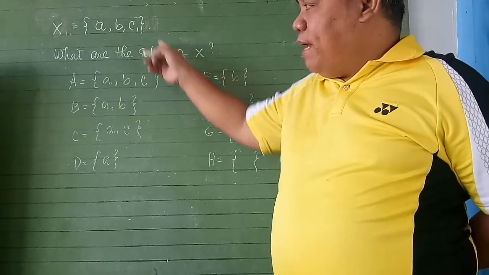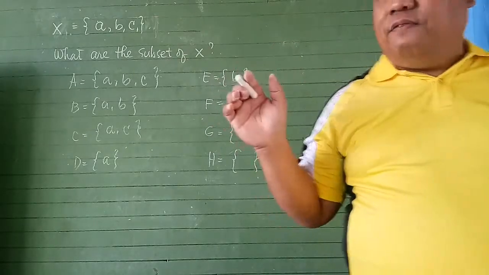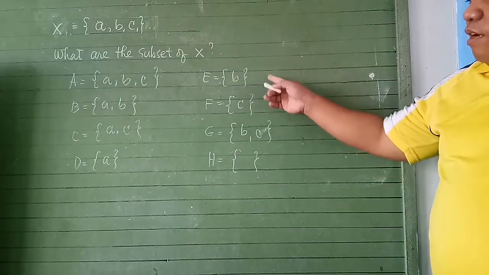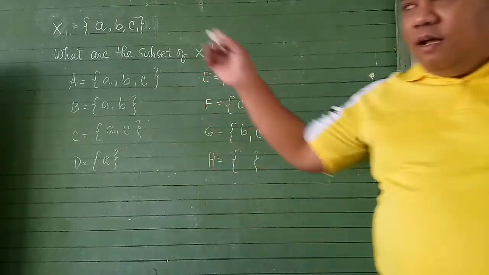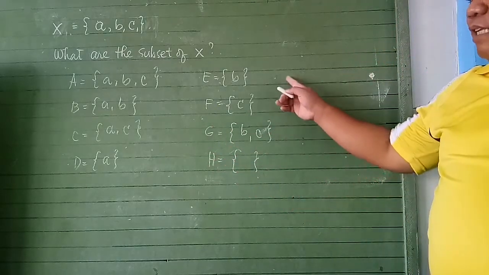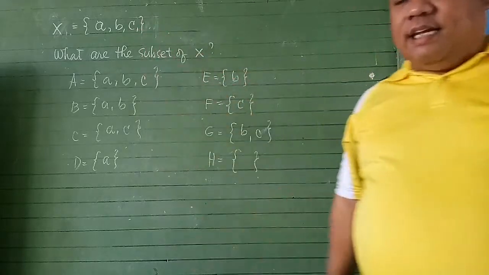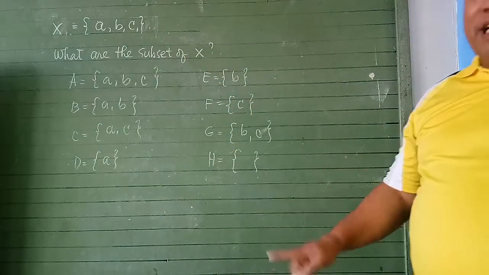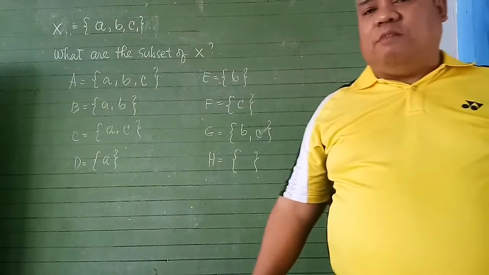Like this one in letter A, pareho ng elements. So a set is a subset of itself. Okay, what else? A unison set, a set that contains one element, is a subset of a particular set. So titingnan natin, lahat ng mga elements na pinagbabanggit ko dito, matatagpuan natin doon sa set X, maliban dito sa null set. Because sabi nga natin, an empty set or a null set is a subset of every set.